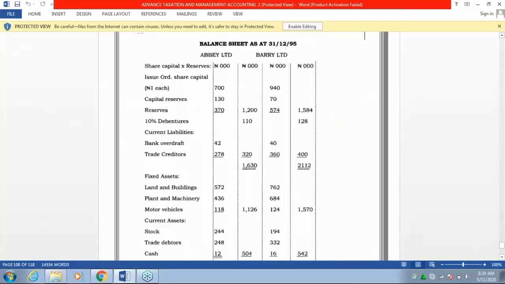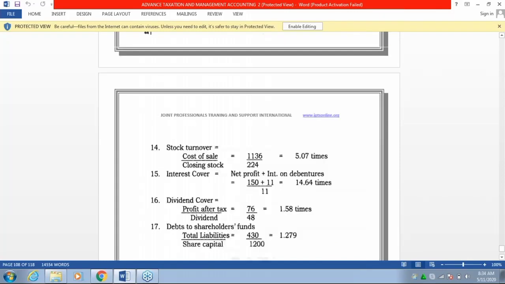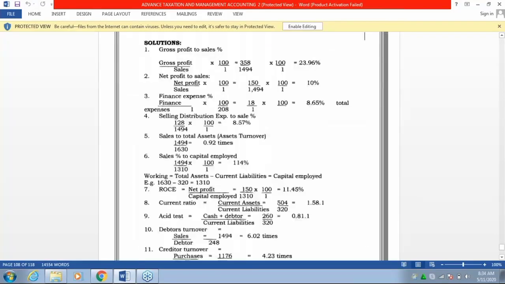By virtue of the trading profit and loss account given, we have your gross profit to sales. That is the gross profit all over sales multiplied by 100. So when you look at the gross profit, we have something like 358 all over 1,494 multiplied by 100. So we have 23.96.